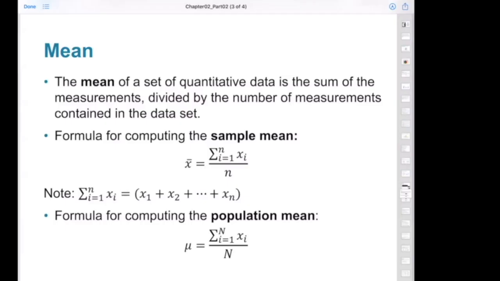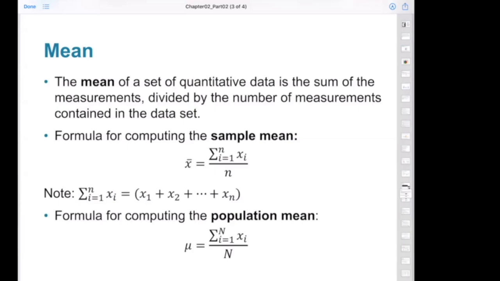As you can see here, we will distinguish between two measures here, the sample and the population, okay? If you calculate the measures from the sample, we call it statistics. When we calculate these measures from the population, we call it parameters, okay?